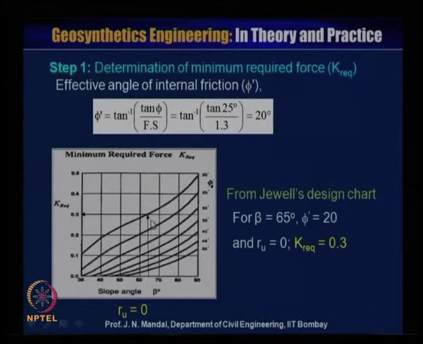So, you move up, and when phi is equal to 20 degree, you move horizontally, and this will give you the value of the minimum required force, that is K required. So, K required will be equal to 0.3 for Ru equal to 0. So, we calculate K required from this chart.